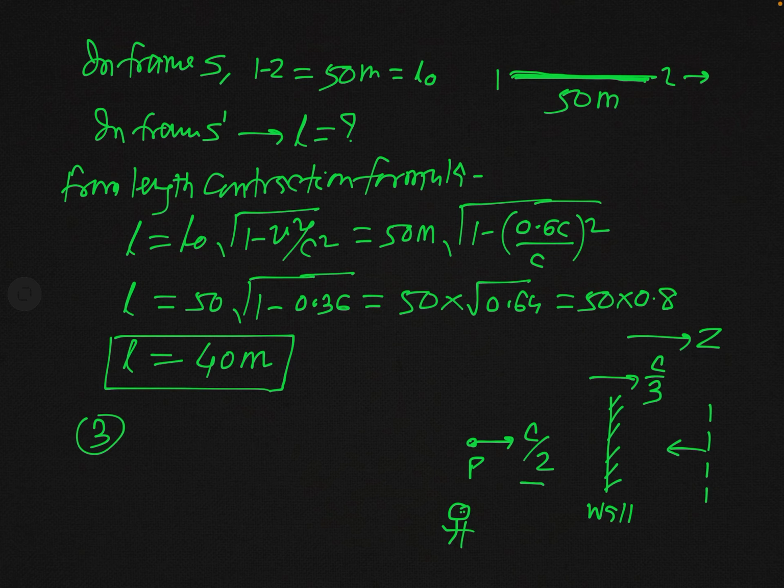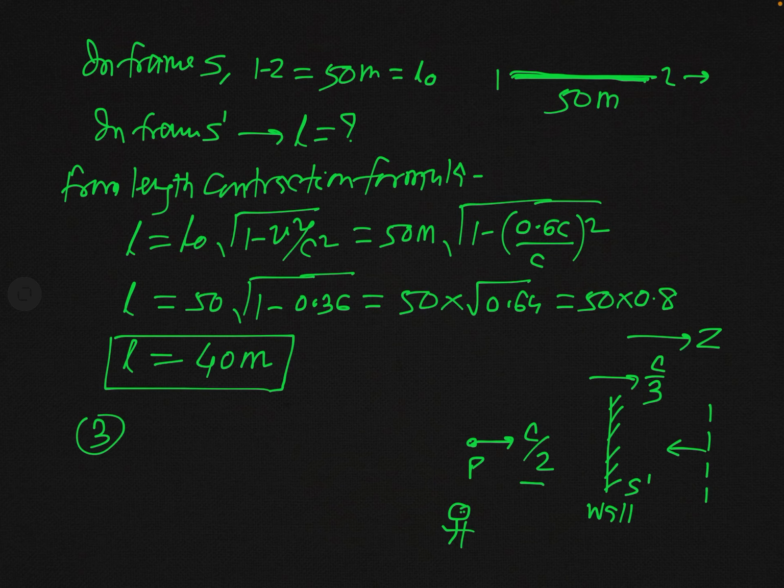But since the wall is also moving, we have to calculate the velocity after collision by using the formula of relativistic velocity transformation. So now let us consider a frame S prime attached to the wall. We consider that this moving wall is a frame, and we name it S prime. So in this S prime frame, what will be the velocity of the particle before collision?